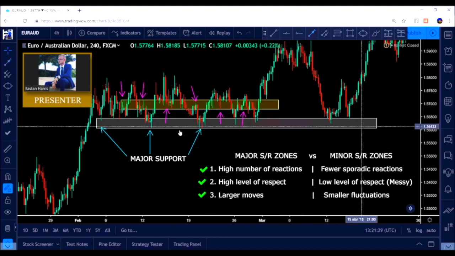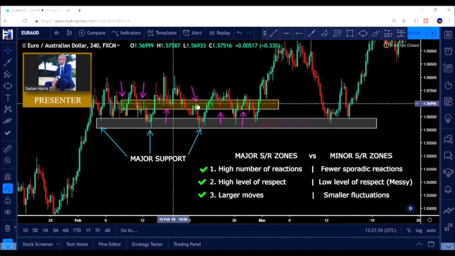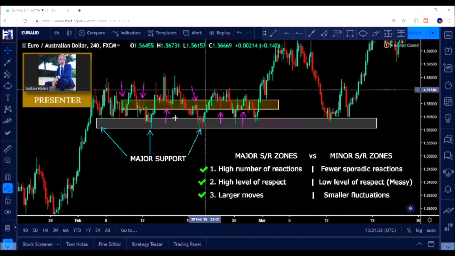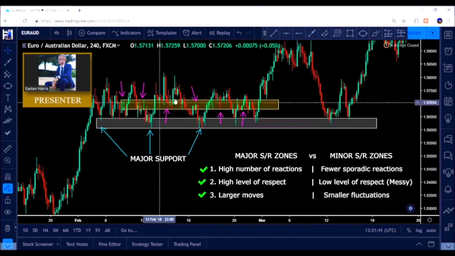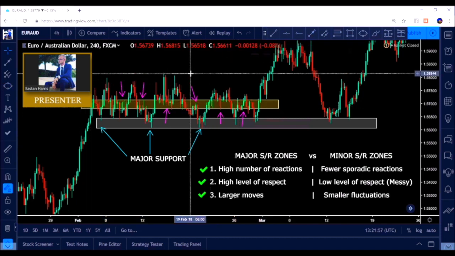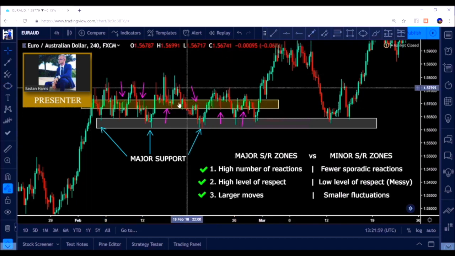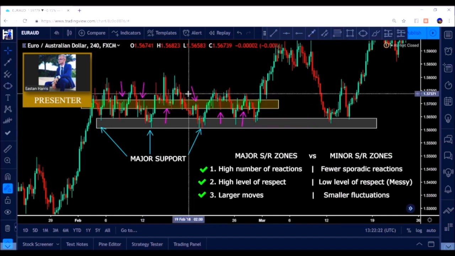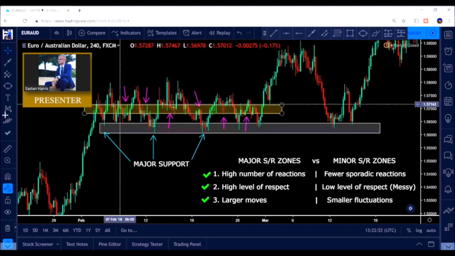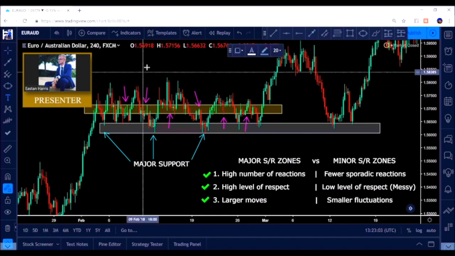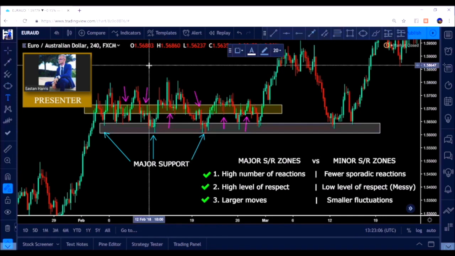So we have 11 reactions off the major one, 5 off the minor one, but look at how it's reacting compared to the major support. This minor support and resistance zone is respected, but it is very messy. The moves are very sporadic, and the size of the moves is much, much smaller. So this yellow zone here is indeed our minor support and resistance zone.